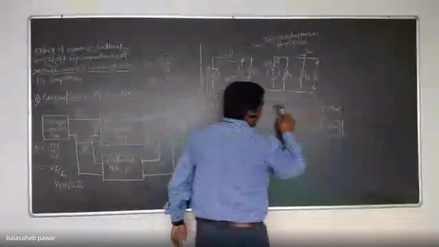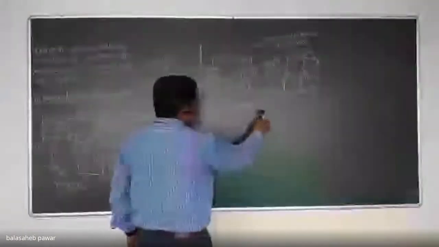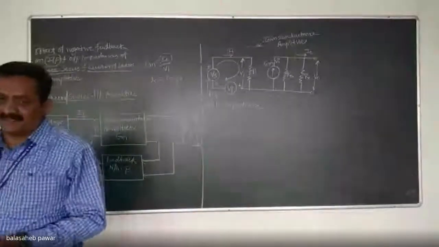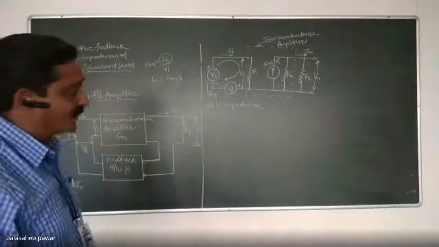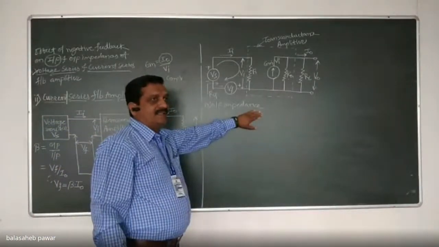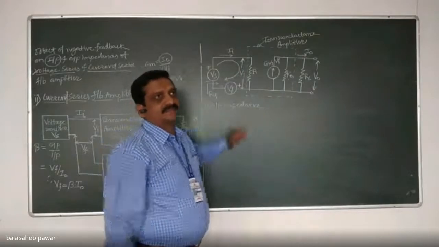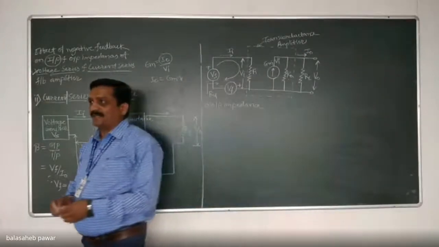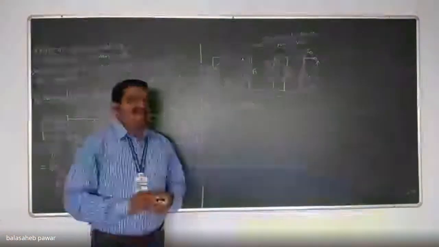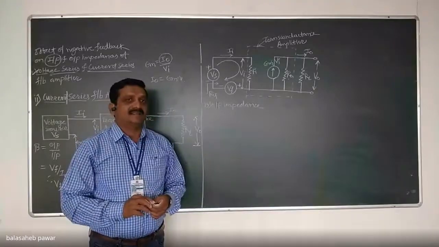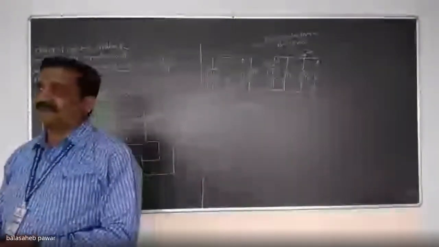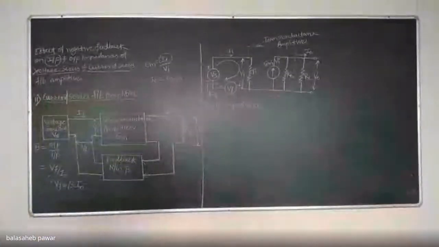As per our previous discussion, output impedance depends on the type of sampling. For voltage type of sampling, what is the effect on output impedance by negative feedback? We already discussed it. If the sampling is voltage type, the effect of negative feedback is that it decreases the output impedance.